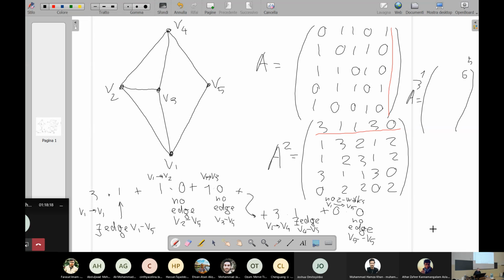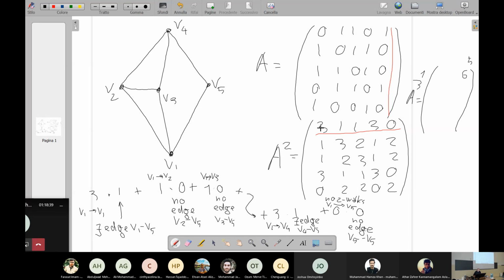And so here, by summing the numbers of these 2-walks which can be completed by the presence of an edge to a 3-walk, this sum gives us the number of 3-walks from V1 to V5.